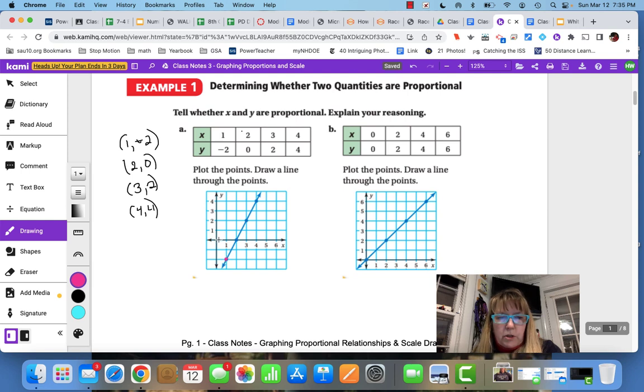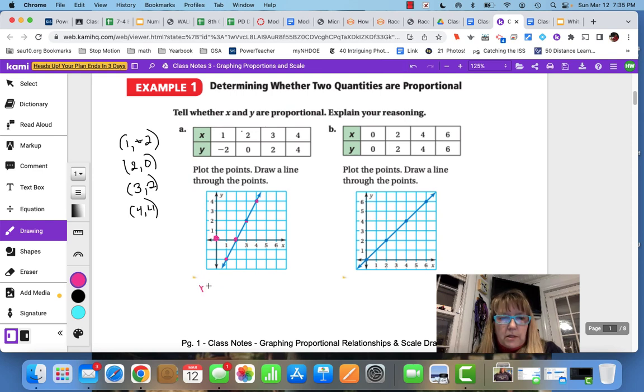The next one is 2 and 0, so I go over in the X direction 2, and I go nowhere because the Y value is 0. If I go over 3 and then go up 2, my dot is there, and over 4 and up 4. And now when I connect those dots, it does create a straight line, but it doesn't go through the origin, which is here.